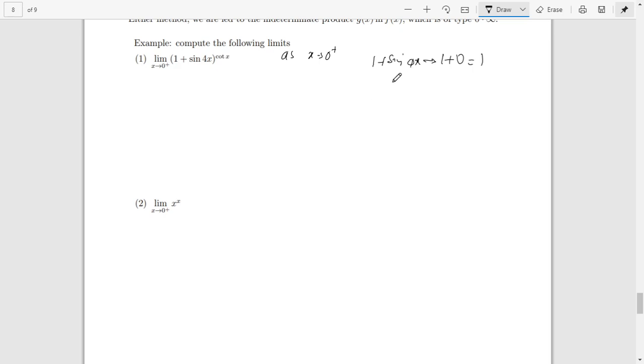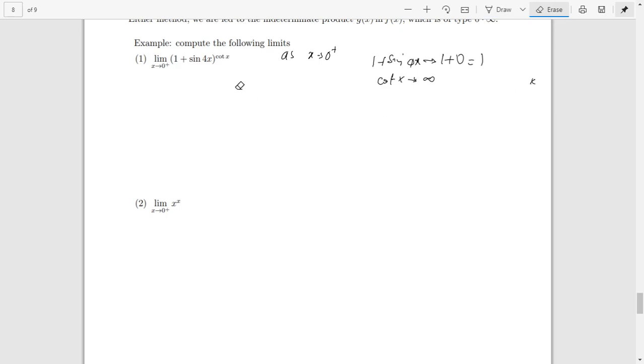Cotangent of x tends towards infinity. Why? Because cot x is 1 over tan x. Tan 0 is 0, so 1 over 0 is infinity. That is why as x tends towards 0 from the right, cotangent of x tends towards infinity.